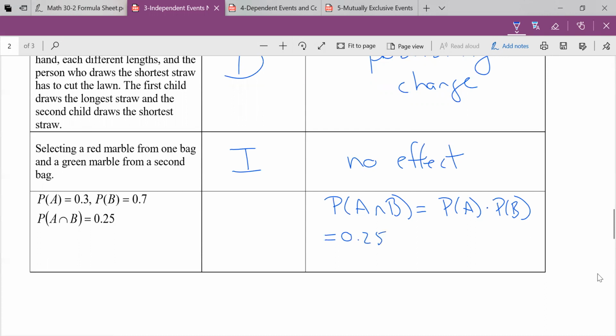On the right-hand side, P(A) times P(B), so 0.3 times 0.7. If I multiply those together, I get 0.21. Does the left-hand side equal the right-hand side? No, sir. Then it's not independent, it is dependent. So that's the test for independence right there.